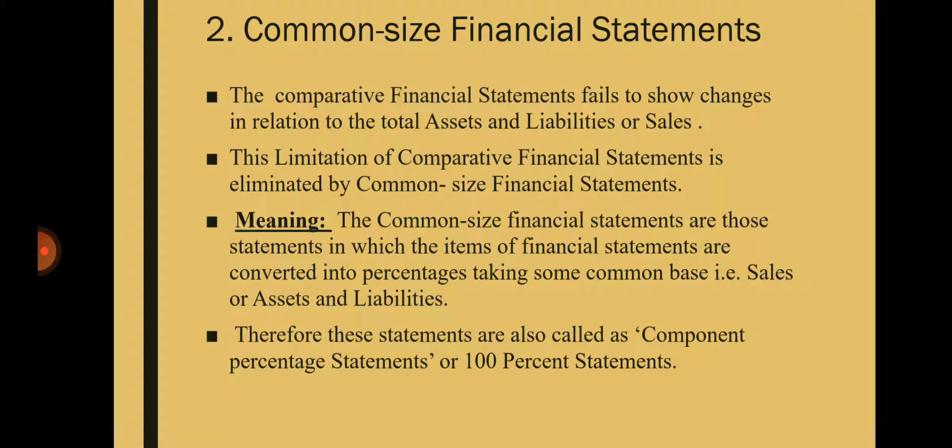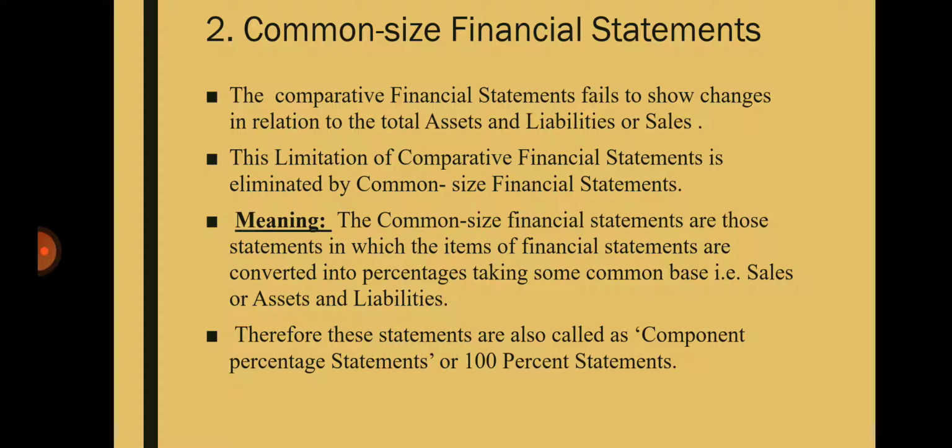The common size financial statements are those statements in which the items of financial statements are converted into percentages taking some common base, that is, either it may be sales or assets and liabilities in case of balance sheet.